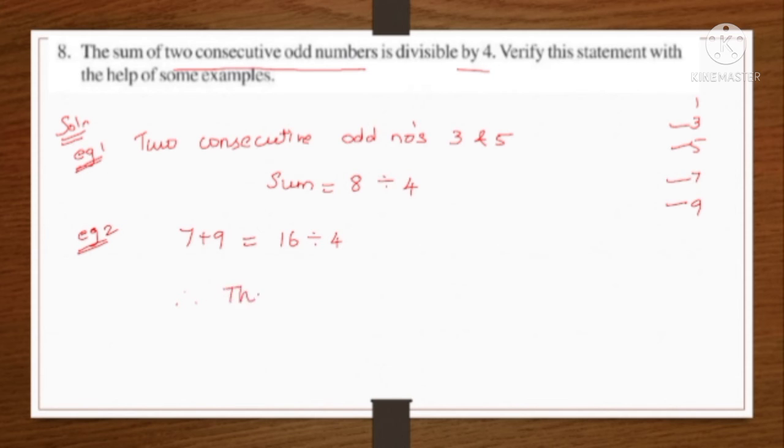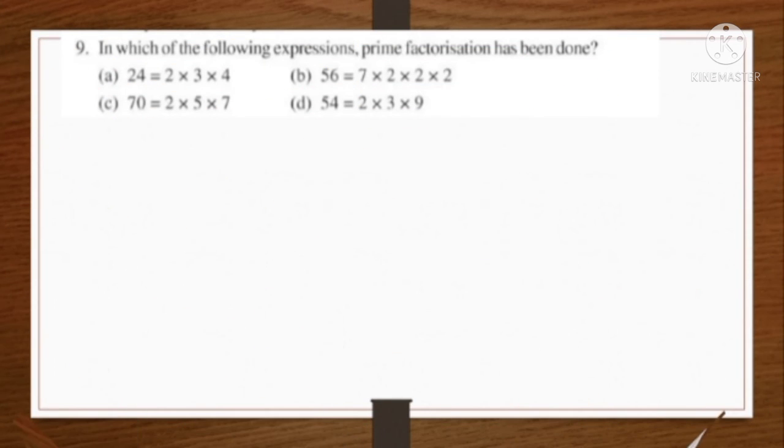Therefore the sum of two consecutive odd numbers is divisible by 4. So this is the answer for sum number 8.